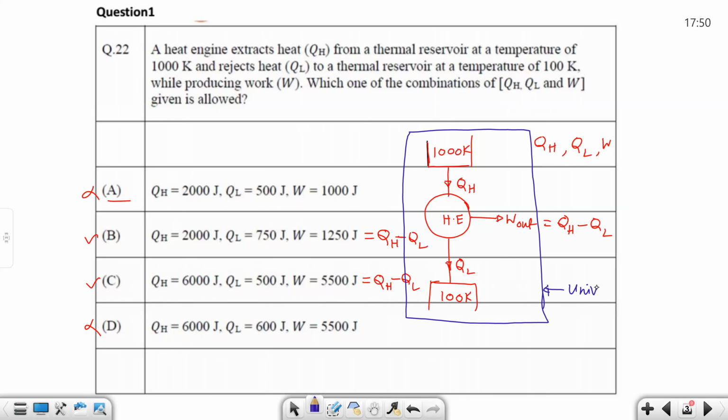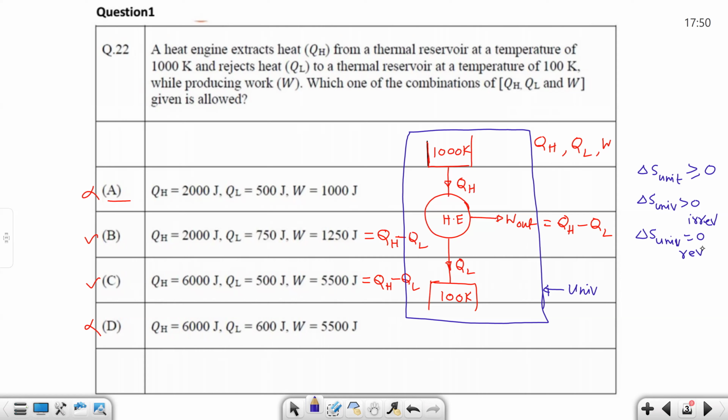So what is the entropy change of the universe? Entropy change of the universe is greater than or equal to 0. It is greater than 0 for an irreversible engine and equal to 0 for a reversible engine.